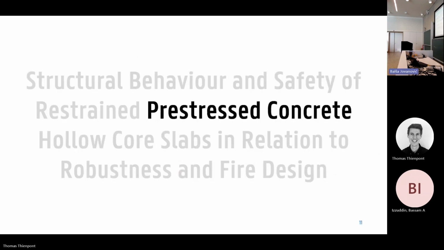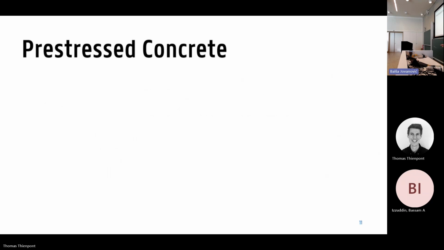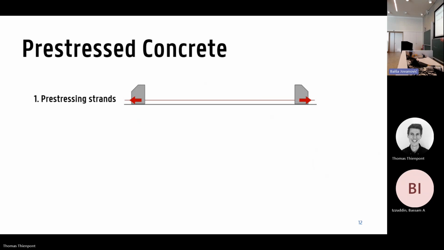Another term in the title is pre-stressed concrete. So we're talking about concrete slabs, but it's a special type of concrete because it's pre-stressed. I can explain pre-stressing with 3 easy pictures. So unlike regular concrete, where you put the steel rebars in the formwork and then you cast concrete on top of it, the first step you need to do in pre-stressing concrete is actually pre-stressing the steel.